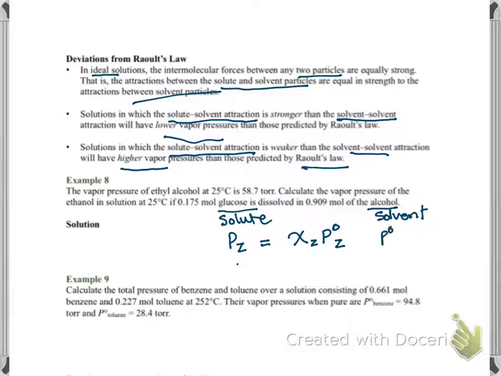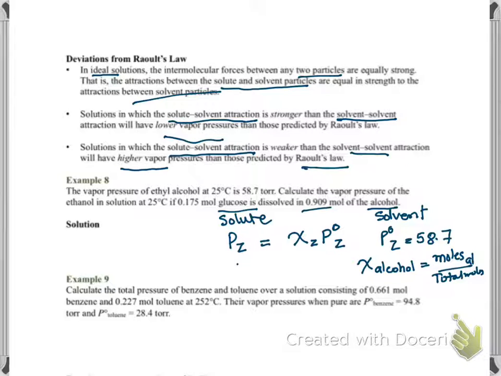Your P naught is 58.7. You have to calculate the mole fraction of the solvent, which is the mole fraction of alcohol. What will that be? Moles of alcohol divided by total moles.